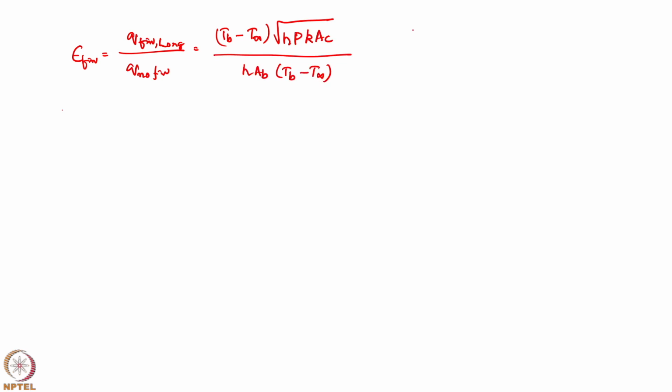If I take Ac equal to Ab, then h times Tb minus T infinity gets cancelled. So I get square root of kAc divided by hP, sorry, kP divided by hAc.